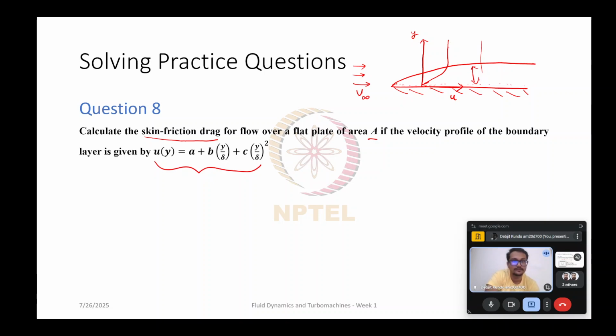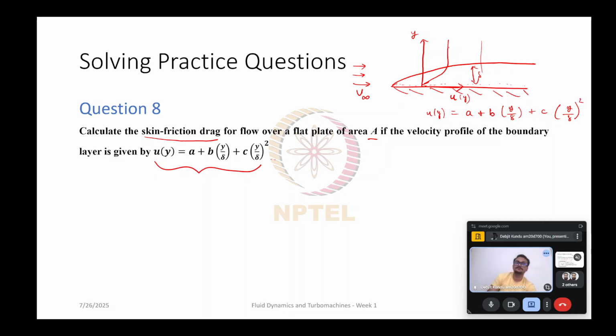Don't worry. All we need to know is that the velocity profile, this u as a function of y, can be written like this: equal to a plus b y over delta, plus c y over delta squared. Delta is this boundary layer thickness. It's just a number right now.